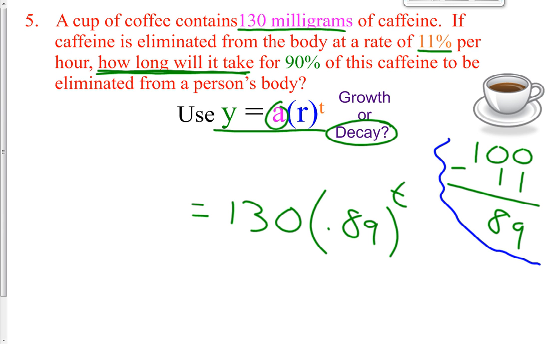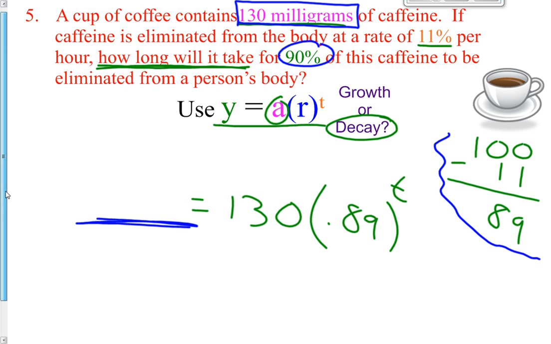So now the question is what is my ending amount? What's this value right here? What is the y after time t? Well, we want to know how long will it take for 90% of this caffeine to be eliminated from the person's body. So if we start off at 130, we want 90% of it to be eliminated.